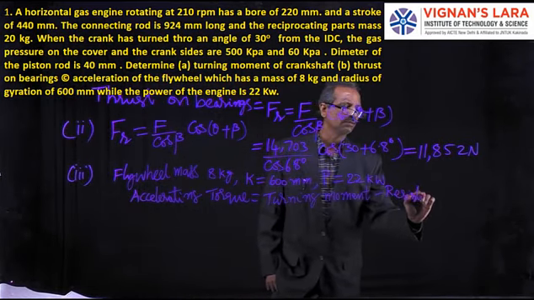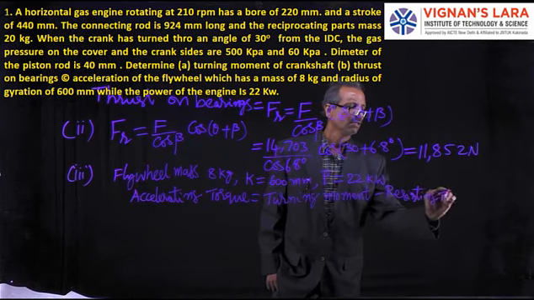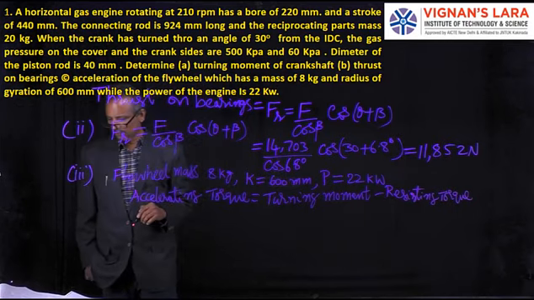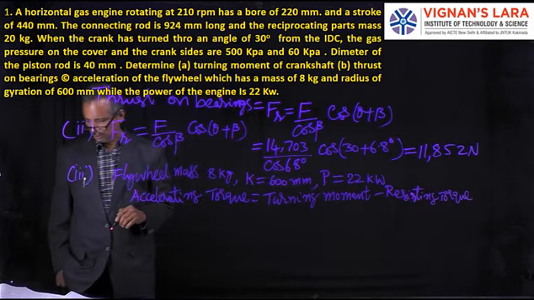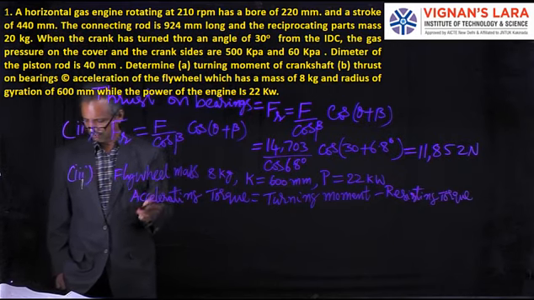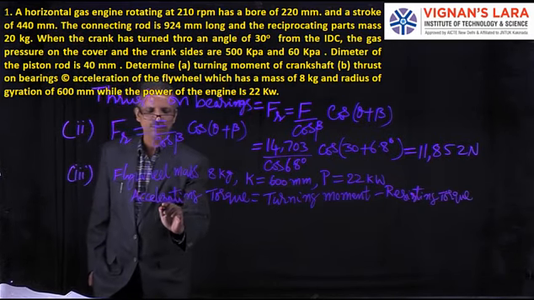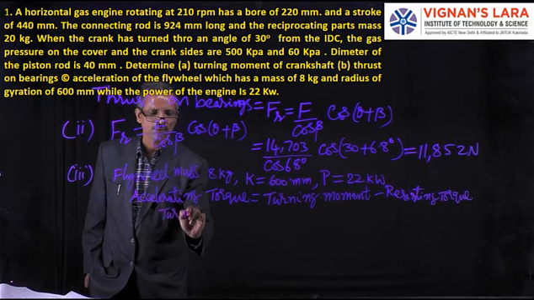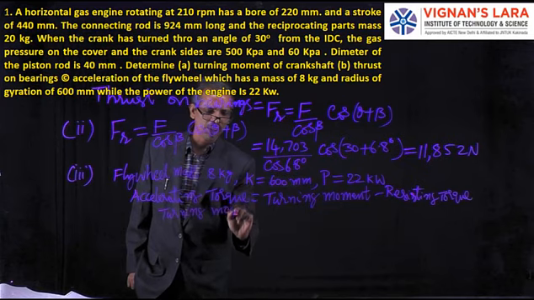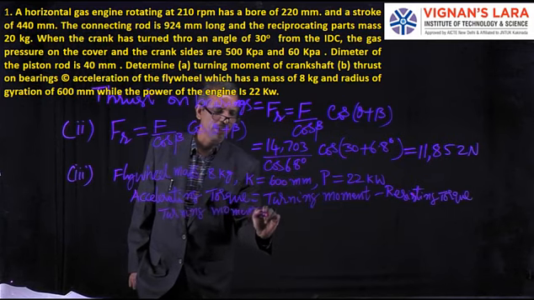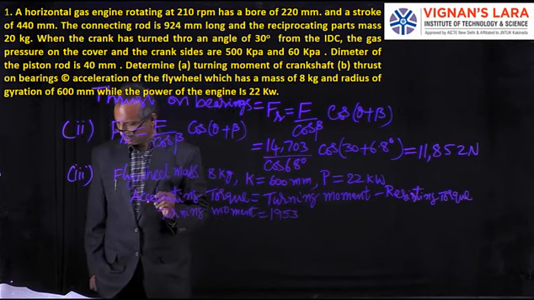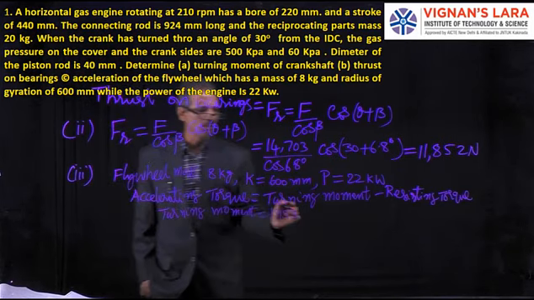Let us see. What is the turning moment? Just now we have calculated it in part A: 1953. So the turning moment is 1953 Newton meter first.